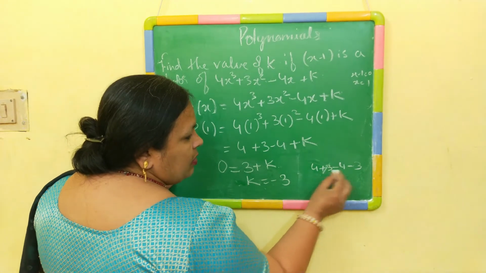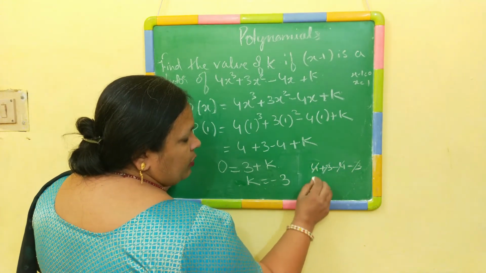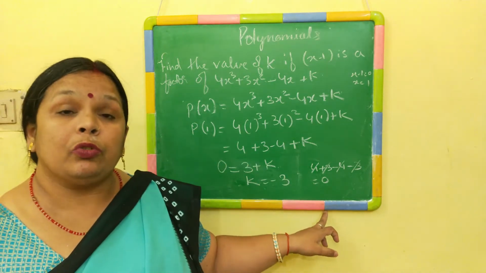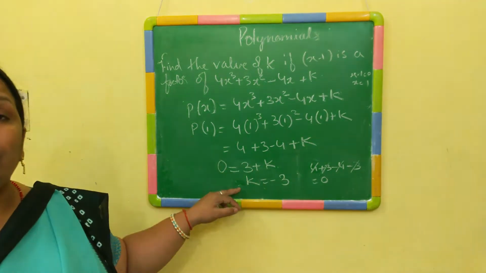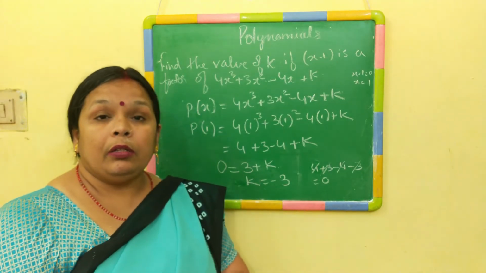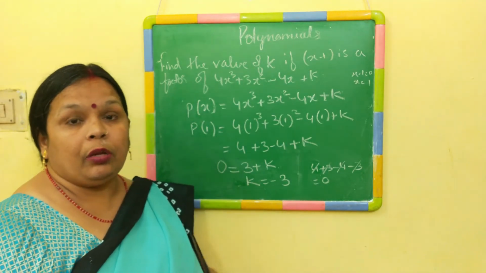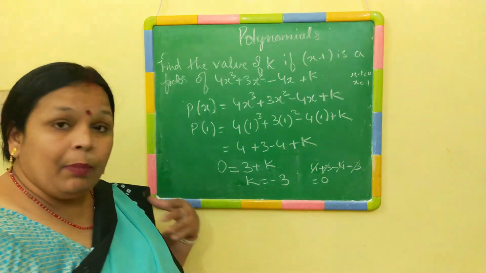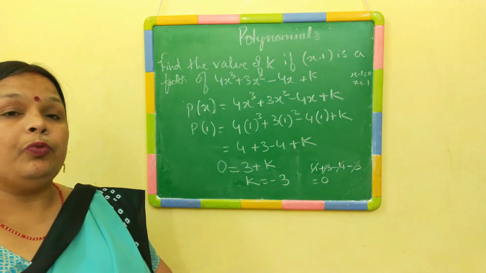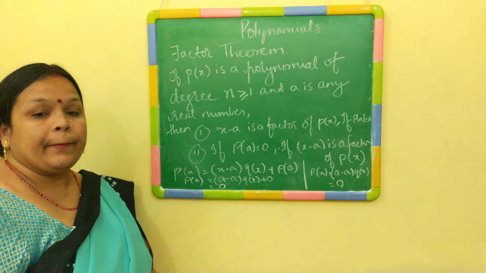So plus 3 and minus 3 cancel, 4 and minus 4 cancel. We are going to get p(1) equal to 0 if the k value is taken as minus 3. So the remainder theorem is checked with examples and also the application we have seen. Let's move on to the factor theorem.